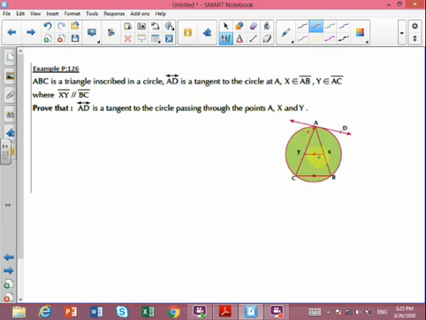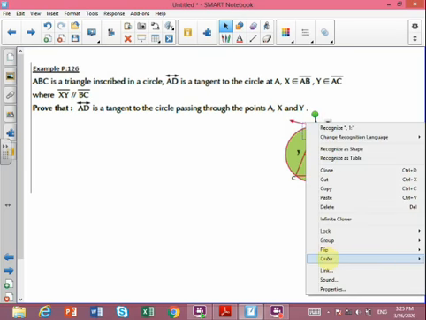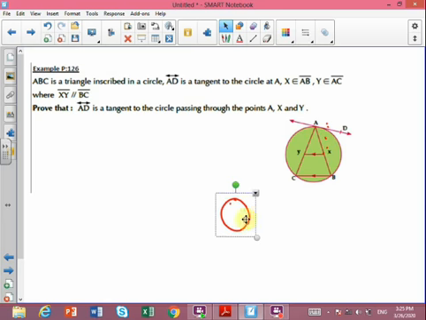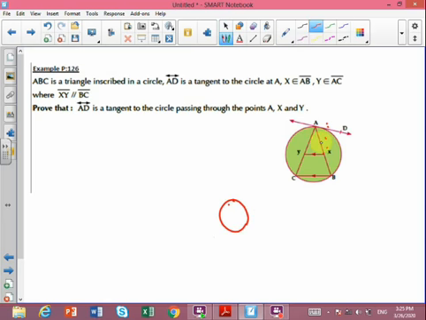Suppose that this is the circle. Since AD is a tangent, where is the angle of tangency?